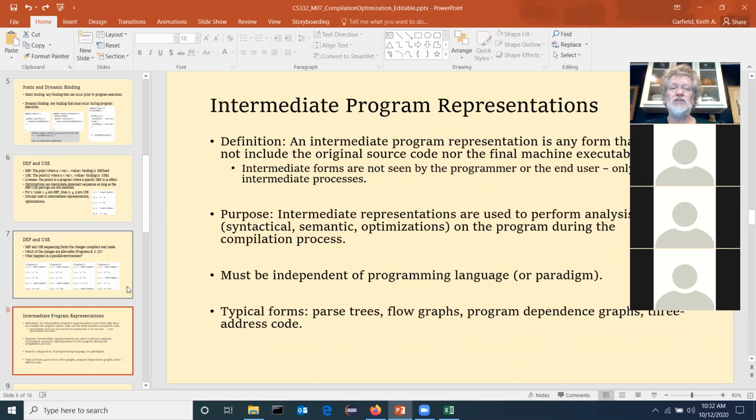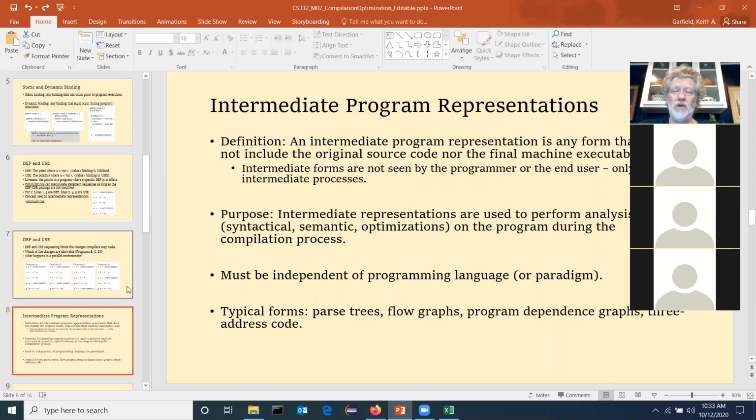The intermediate representations are used at the intermediate points in the compilation process. Nobody sees them. The machine never sees them to execute. The user never sees them to code. So they're intermediate. They're kind of hidden. There are a whole world of programming representations and languages that nobody knows about because only compiler people will talk about them.